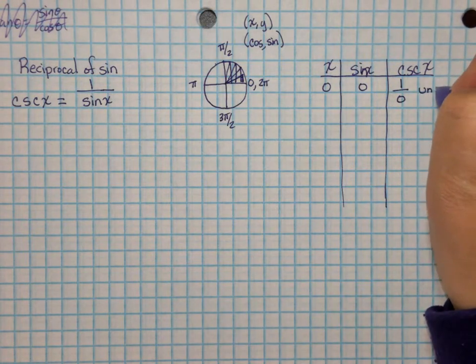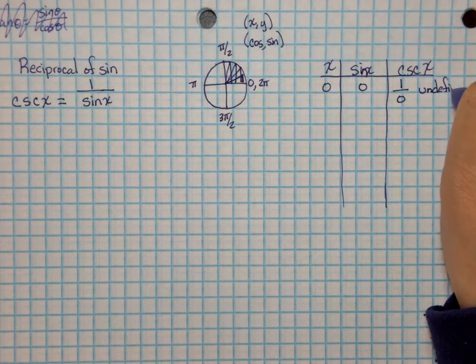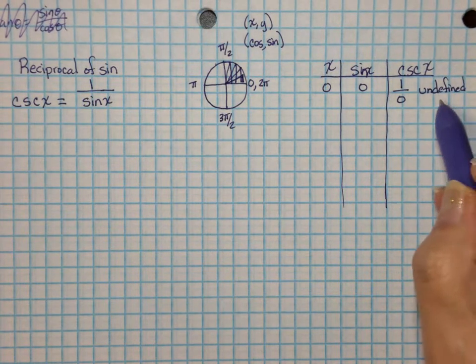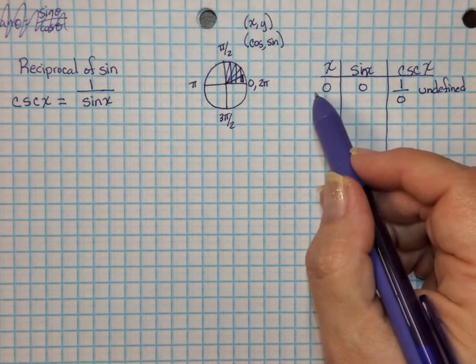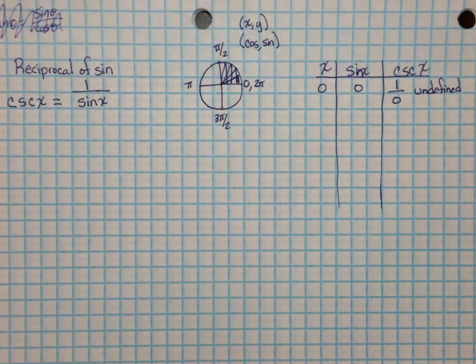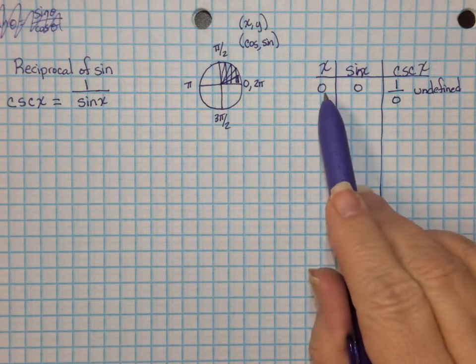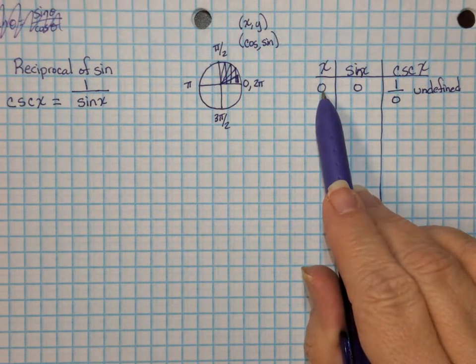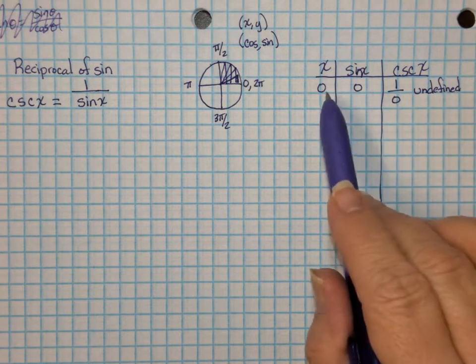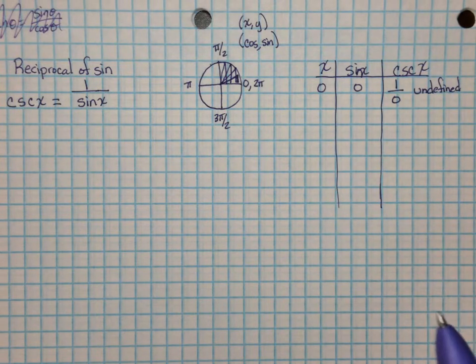So that means undefined. And so as soon as you see that a function is undefined at a given x value, asymptote, asymptote, asymptote, right? That's the connection that needs to go in your brain. If the value for 0 is undefined, there will be an asymptote at x equals 0, right?